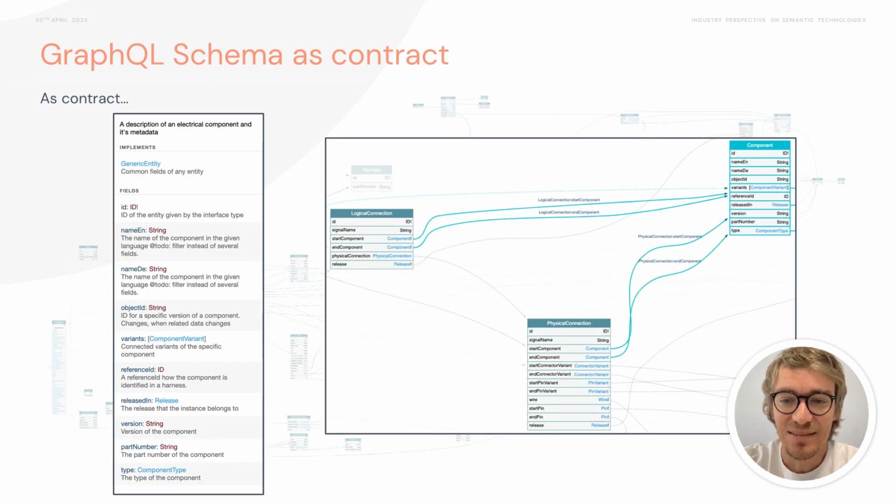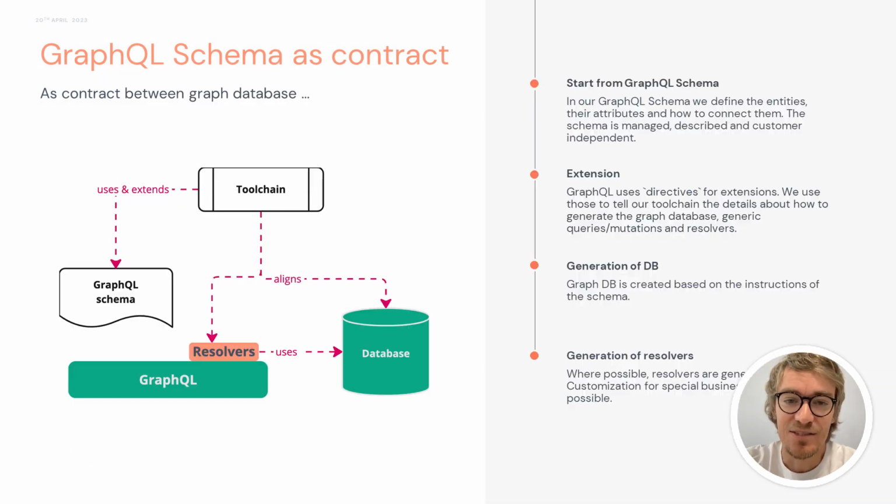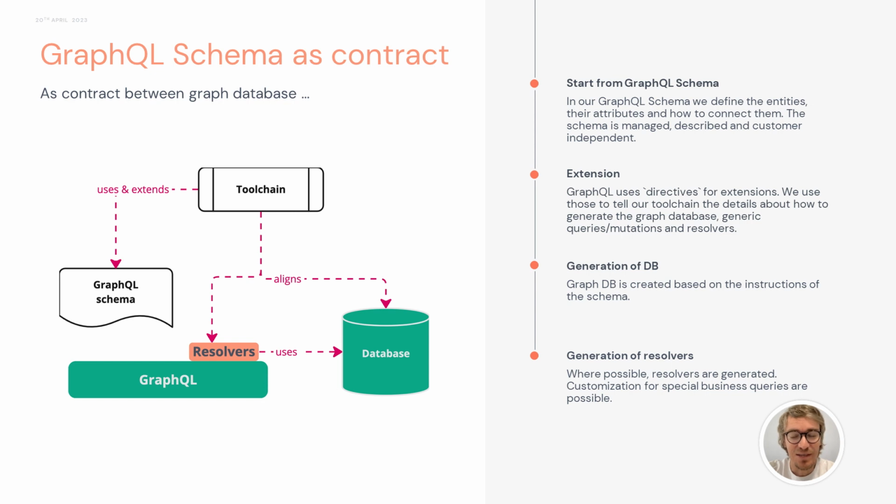And that goes further. This component has a logical connection and a physical connection. So this is basically the description not just of the node itself, but also of how it's connected in the network, how it's interacting in the network, and where it's placed. As said before, we are using a labeled property graph, and it's hard to define a schema for those.